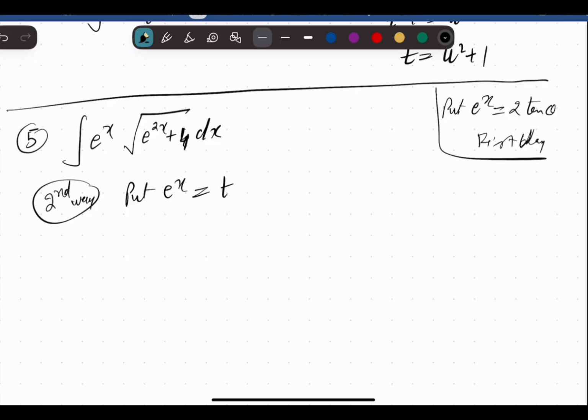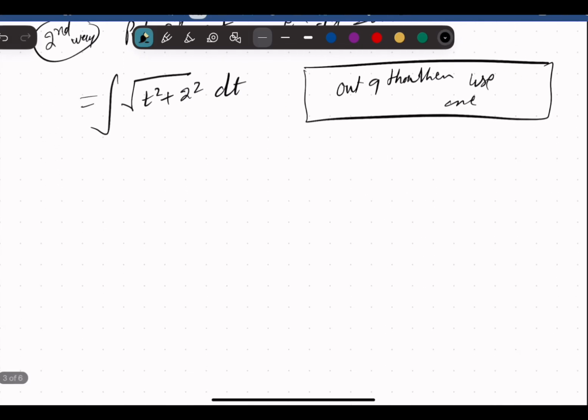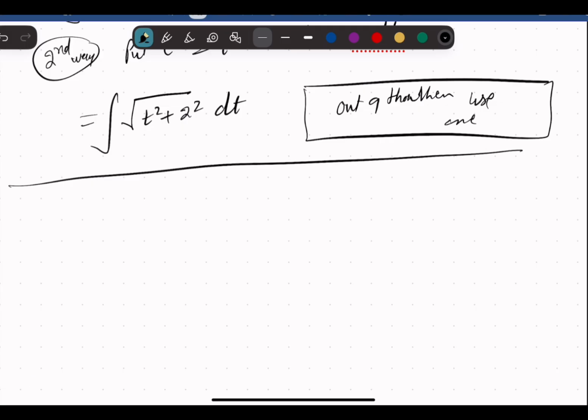Then you will get e power x dx equal to dt, and this will give you integral of 1 over t square plus 2 square dt, and you can use one of the 9 theorems to solve this one. Out of 9 theorems, because there is no middle term, use one to solve this question. I already made a video on that.